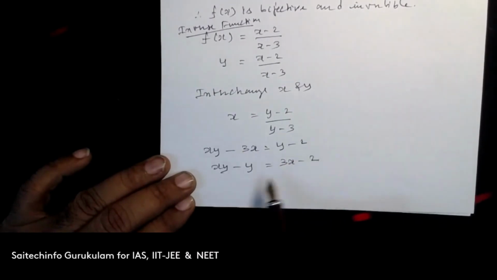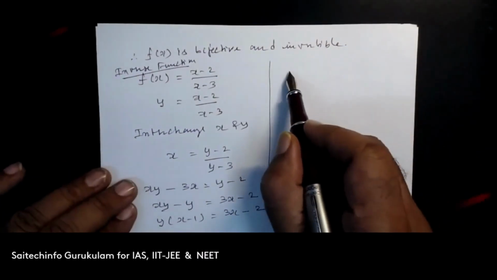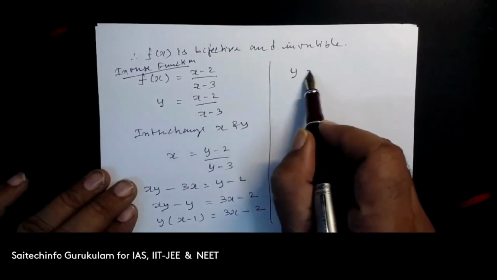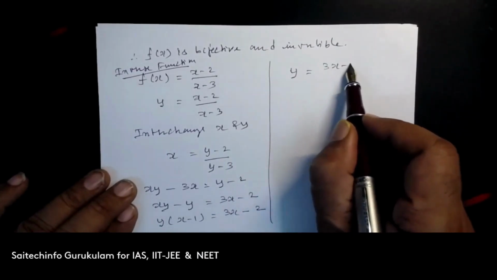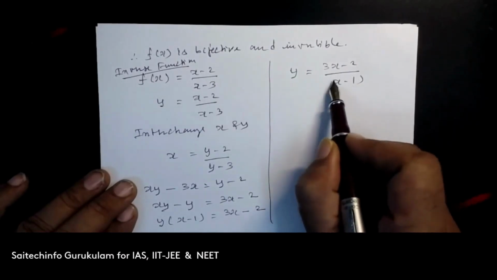Take y as the common factor, you can take it outside the bracket. So y of x minus 1 is equal to 3x minus 2, and therefore y is equal to 3x minus 2 divided by x minus 1.